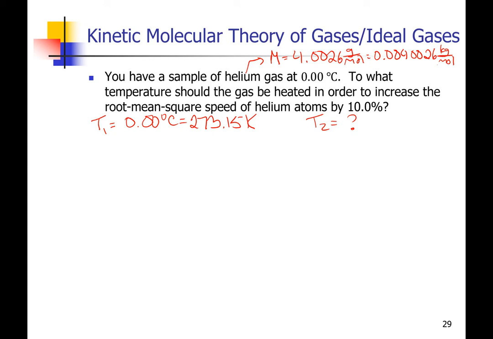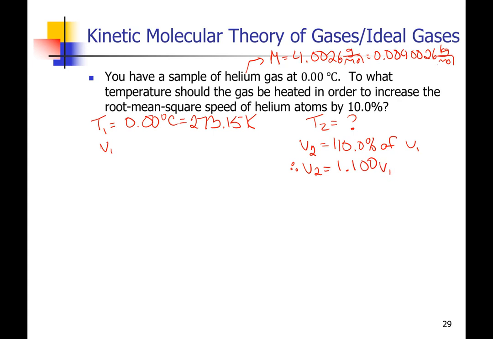So if I say that I have speed 1 is whatever speed 1 is, then speed 2 is going to be equal to 10% more than speed 1. So it's going to be 110.0% of speed 1, or more easily, 1.100 speed 1.